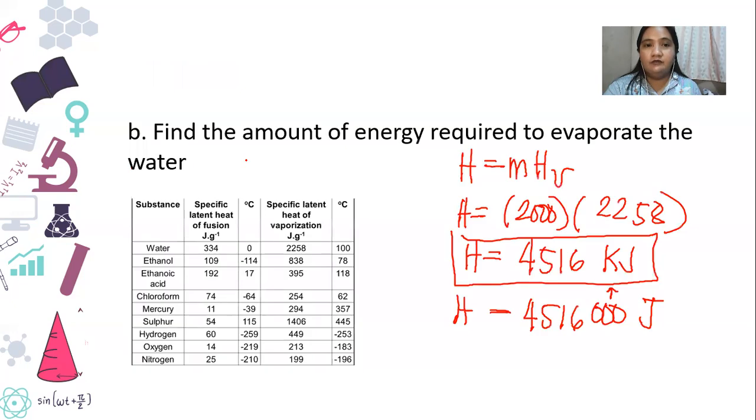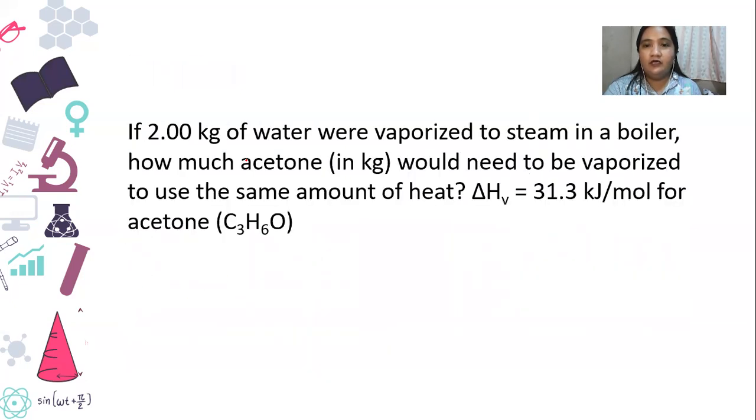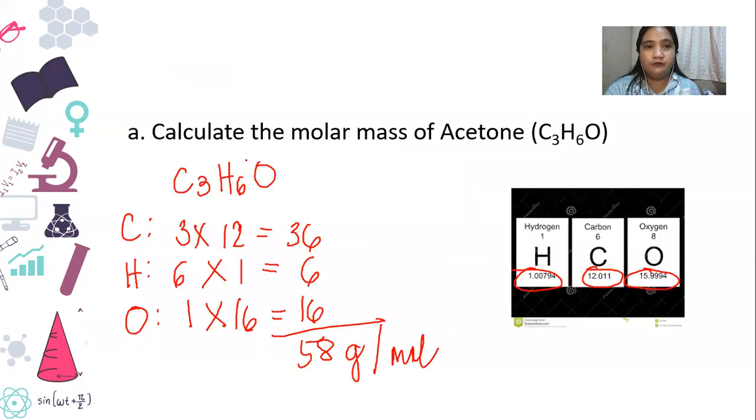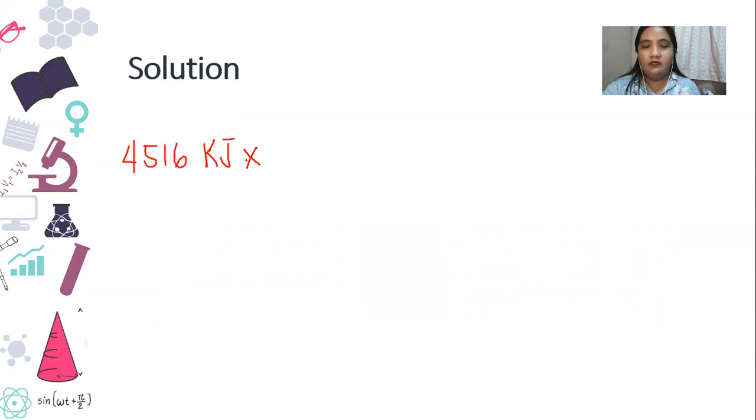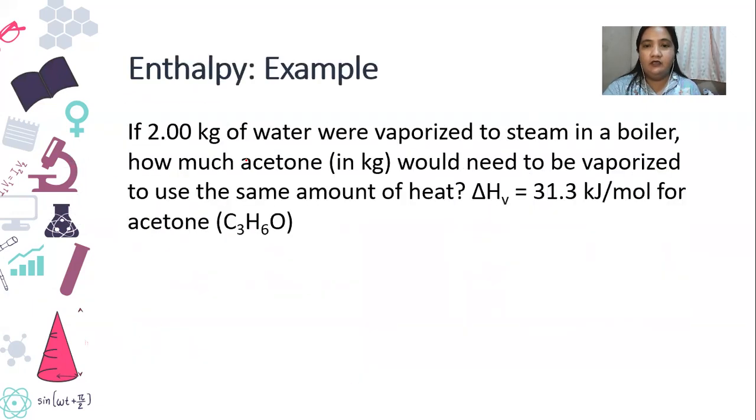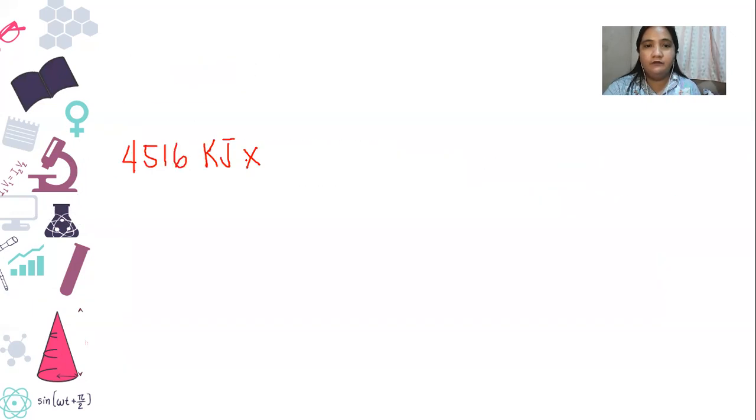For acetone, the HV is 31.3 kJ per mole. So let's just multiply that. Again, let's check that out again. It's 31.3 kJ per mole.